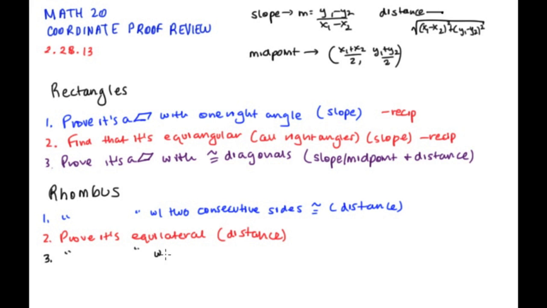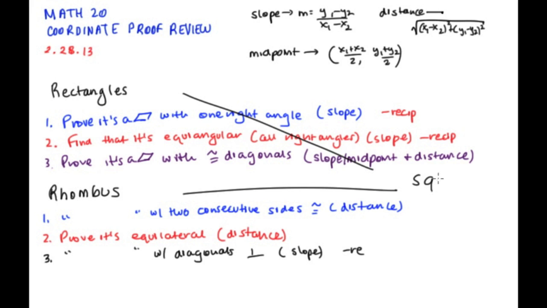And this is my favorite, with diagonals perpendicular. This is going to require slope as well as negative reciprocal slopes. And both of these will combine to form the proofs for a square.